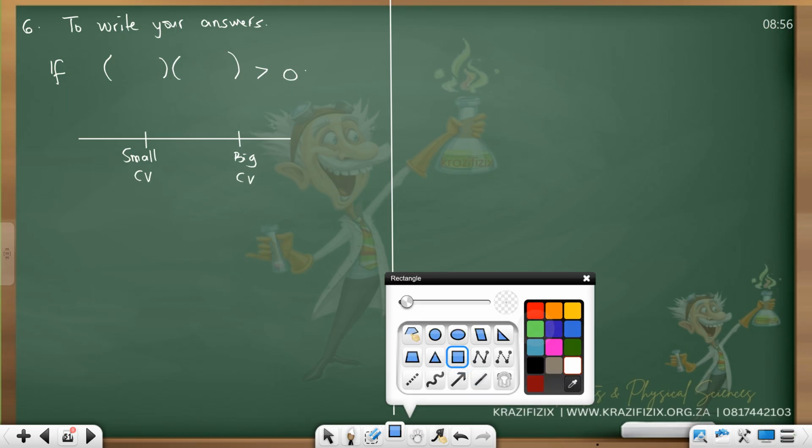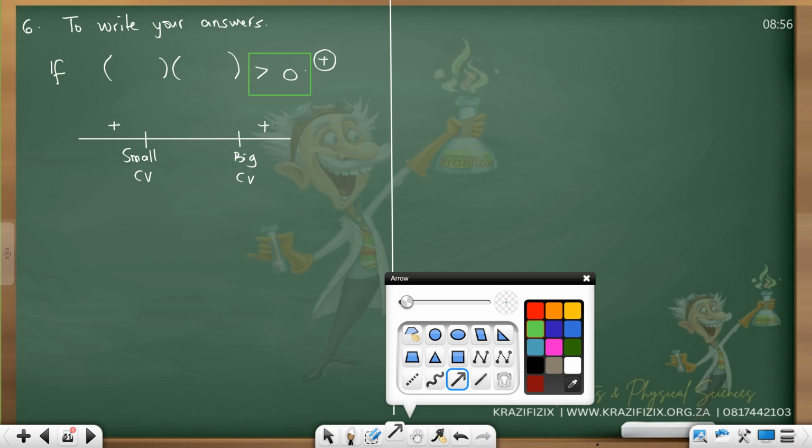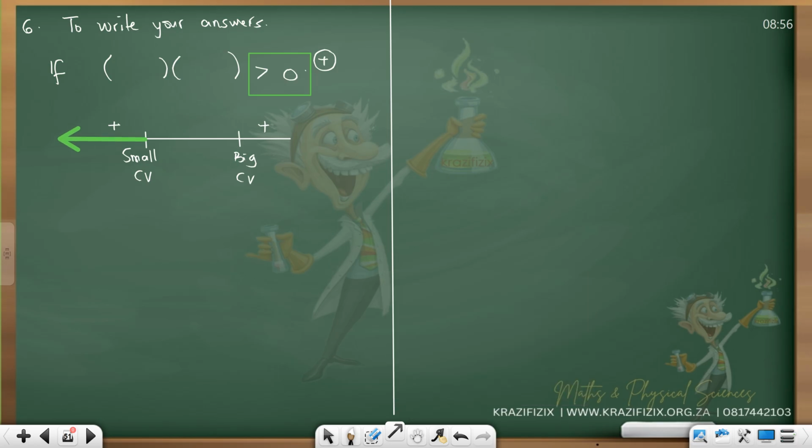Greater than 0 means we are looking for things that are positive. And where are my positive signs? They are right here. You see where the positive are?